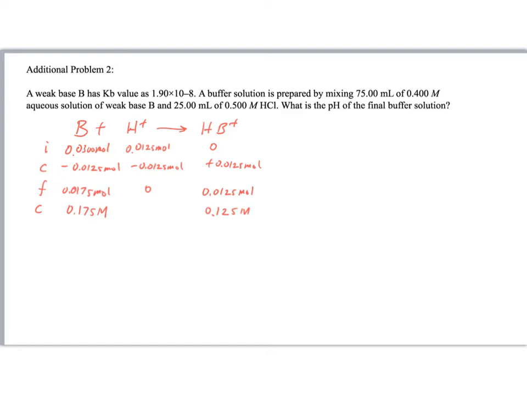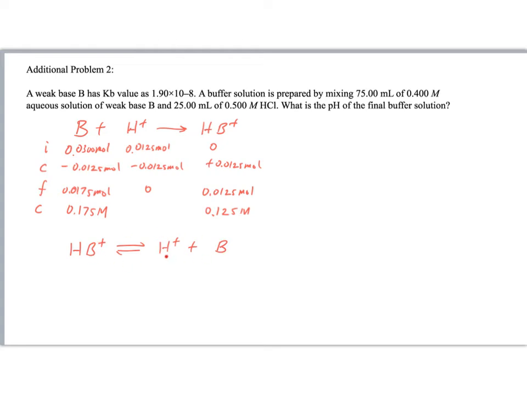After this, we will consider the equilibration for this HB+ as a weak acid, equilibrating with H+ and B. There are many ways to deal with this. This is one of the possibilities I'll show here. I go this way because this is consistent with our learning of the buffer system, that we have weak acid with its conjugate base. Of course, there are many other ways to deal with this, but this is consistent with what we learned in class.